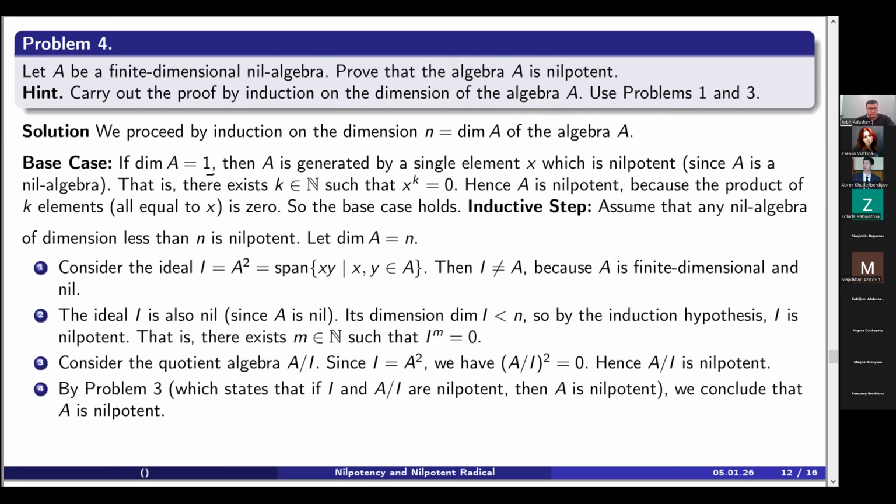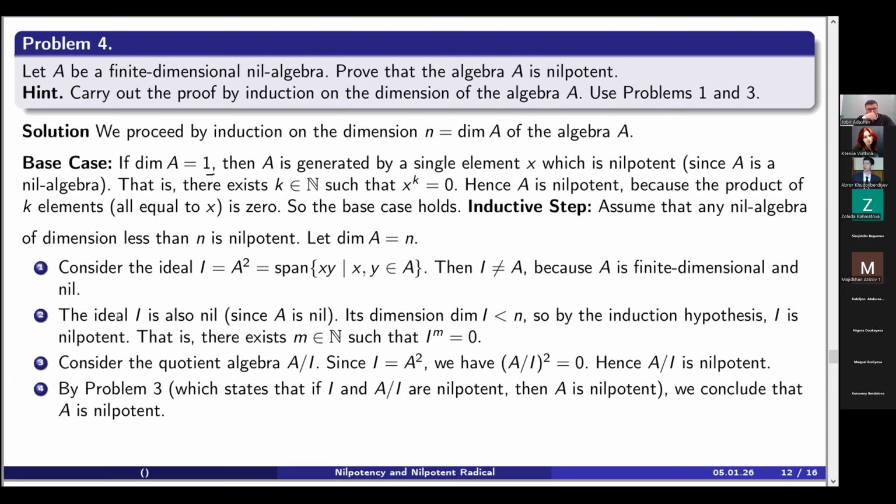Inductive step. Assume that any nil algebra of dimension less than n is nilpotent. Let dim A be equal to n. Consider the ideal I equal to A squared. Then I is not equal to A because A is finite dimensional and a nil algebra.